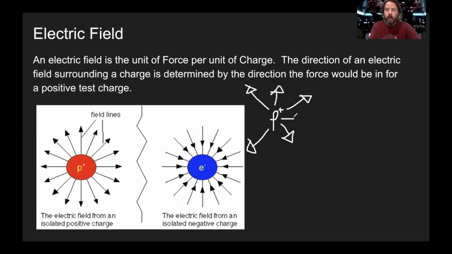Always go away. And you'll notice this, a hint, I always draw the direction that I'm going so that I don't forget. I could draw those lines any direction I want, but I always start at the middle and draw away. Electron goes towards.